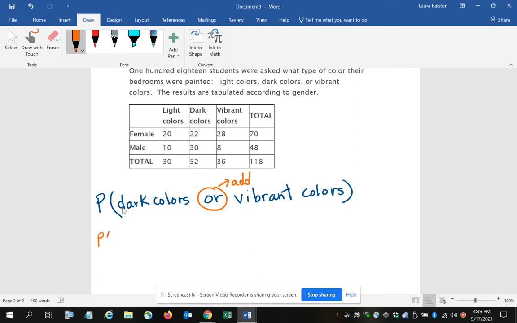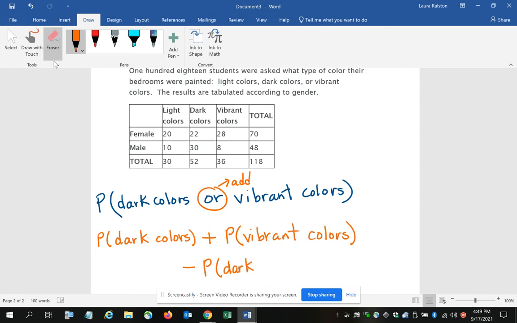So we would think about the probability of dark colors plus the probability of vibrant. Oops, I spelled that wrong, didn't I? But again, we would normally subtract off the probability of dark and vibrant at the same time.